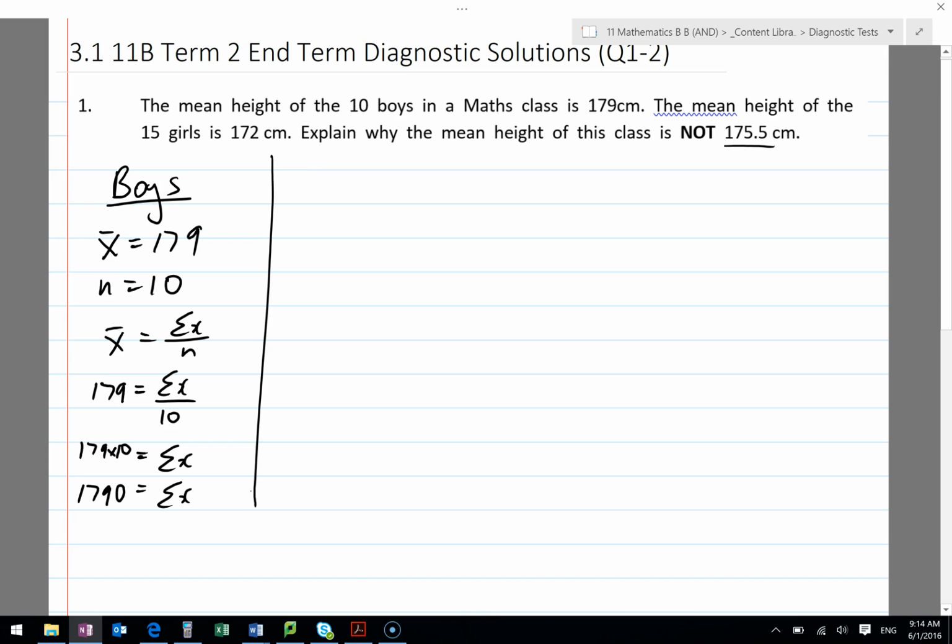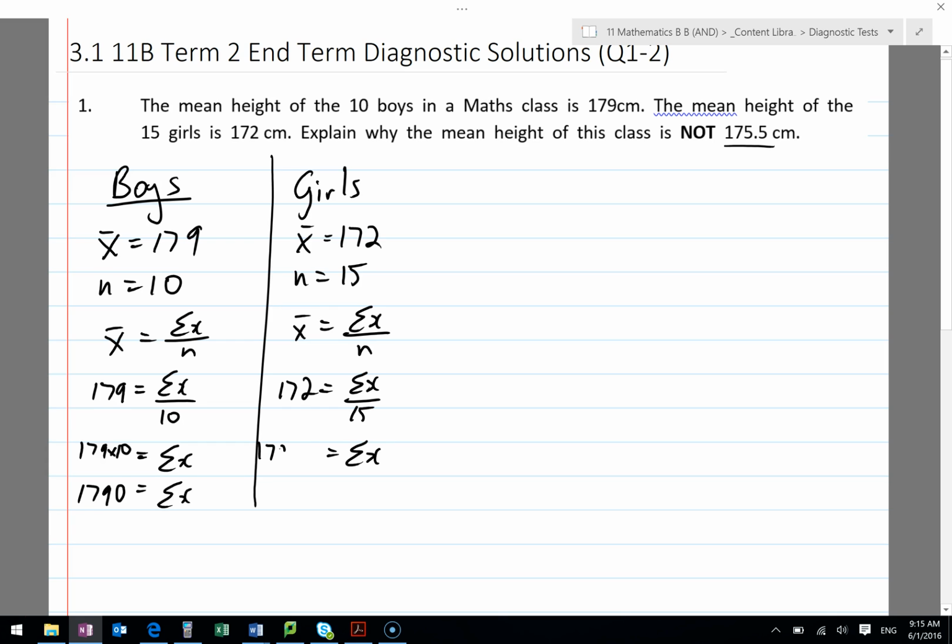I could do the same for the girls as well. Their mean is 172. There is 15 of them. Using my formula, I can solve for the sum of all of their heights, whatever this is.